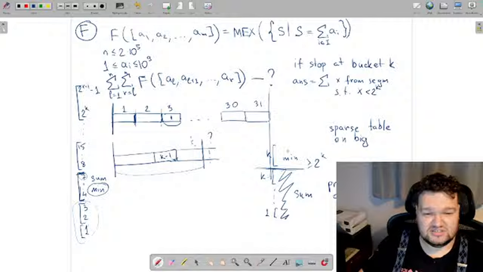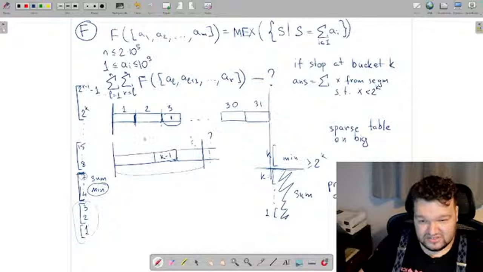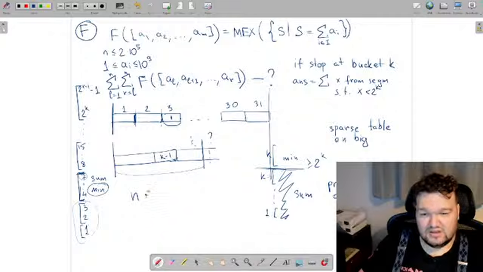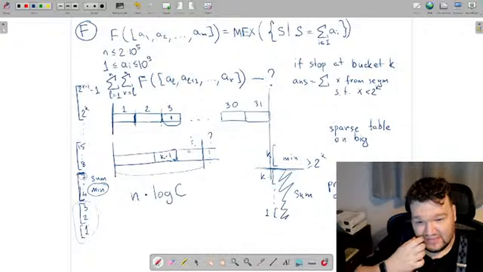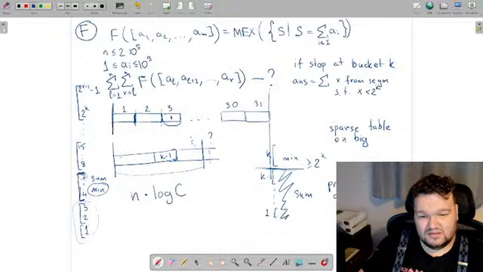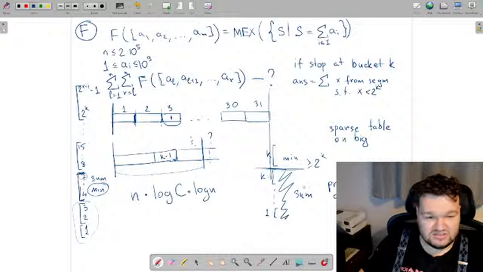So now let's see our complexity. For fixed left border, we iterate over k from 1 to 31. So that's log C. And we do a binary search to find this border, with log n. Our queries to data structures are just prefix sums and sparse tables, so those are O(1).